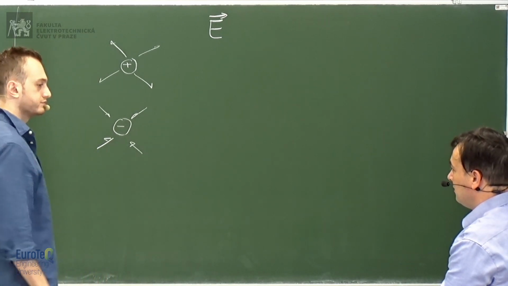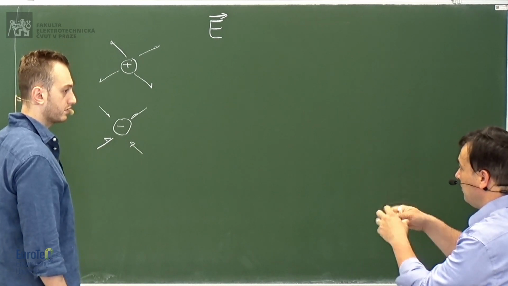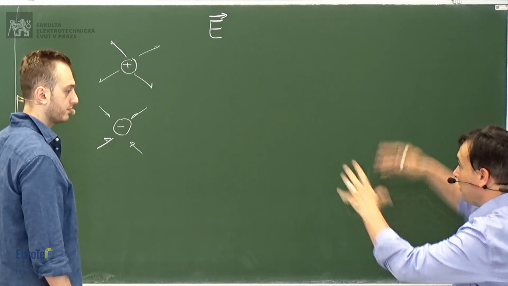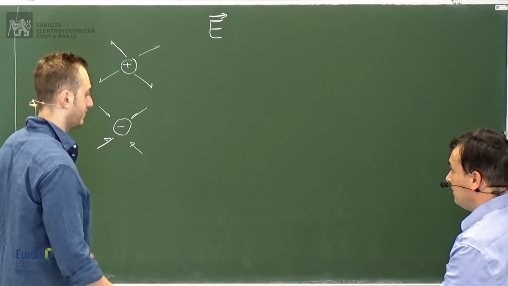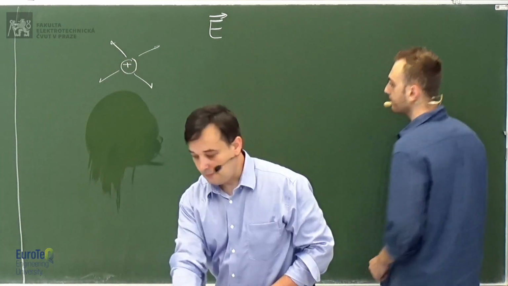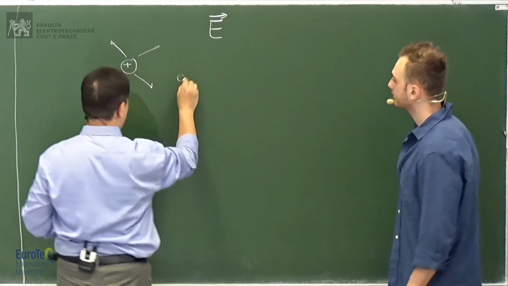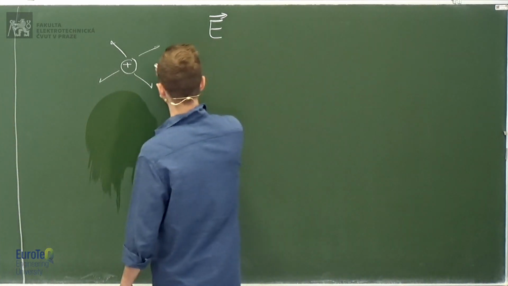And what happens when you have a charge which generates an electric field? How do you see the effect? Let's say that you have a positive charge there, and then you have a negative charge here.